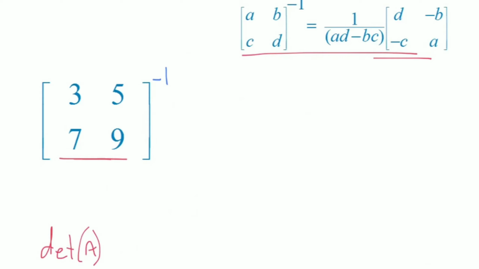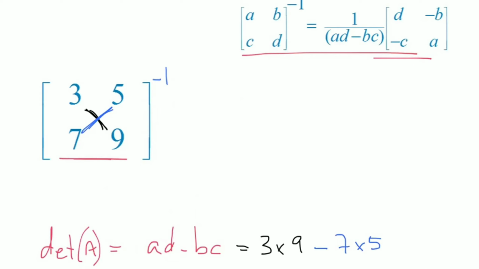The determinant of our matrix here, remember that's AD minus BC, and in this case AD is 3 times 9, and minus BC is minus 7 times 5, and that's 3 nines are 27 minus 35, which is equal to minus 8.